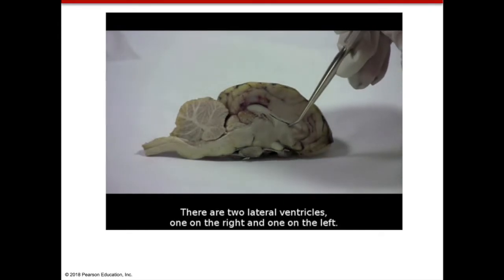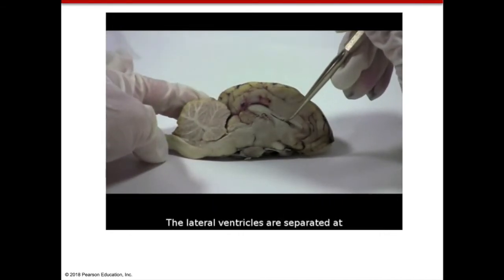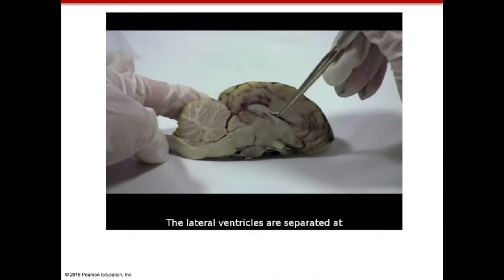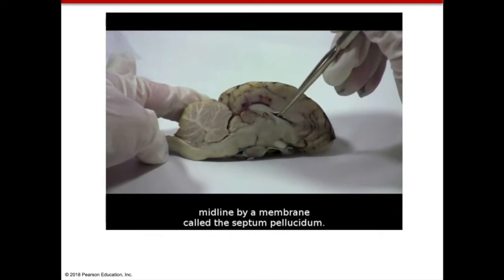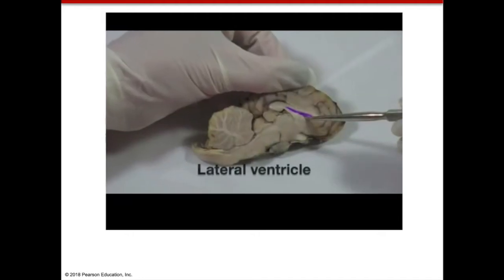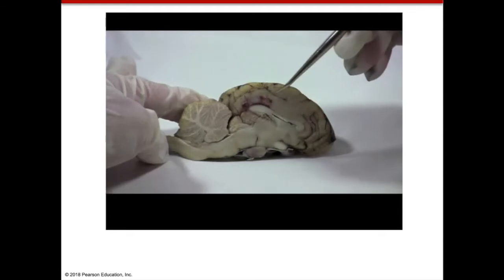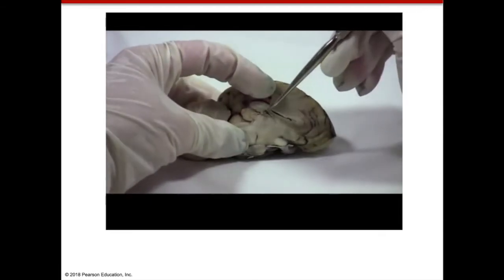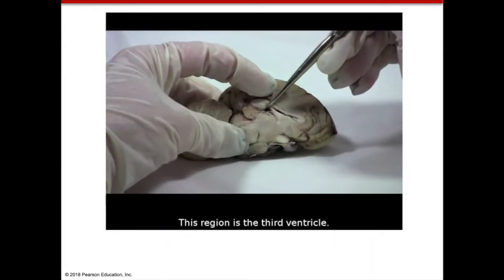There are two lateral ventricles, one on the right and one on the left. The lateral ventricles are separated at midline by a membrane called the septum pellucidum. This region is the third ventricle.